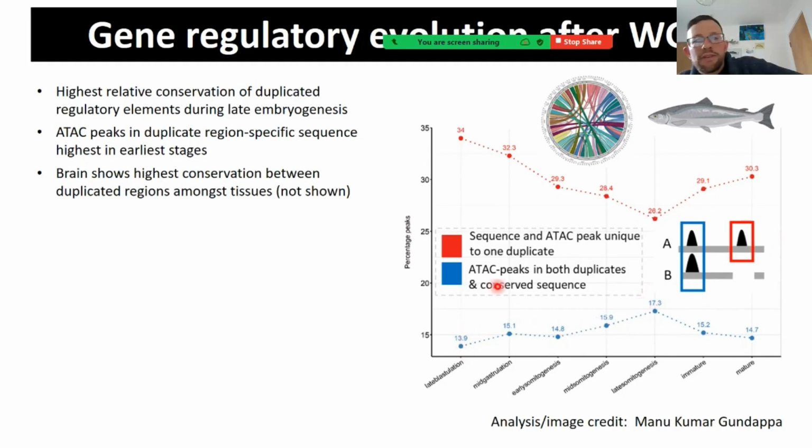And looking at it reciprocally, where you have ATAC peaks that are unique to one chromosome, you have the lowest level in the late embryo and the highest level in the early embryo.